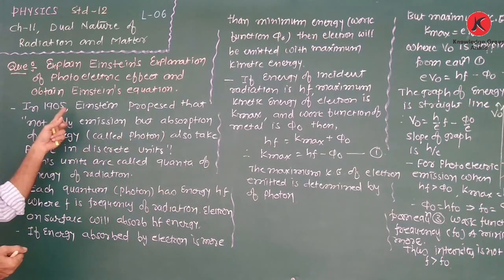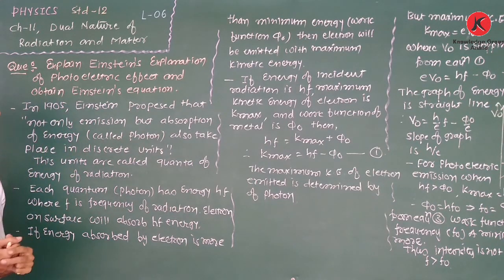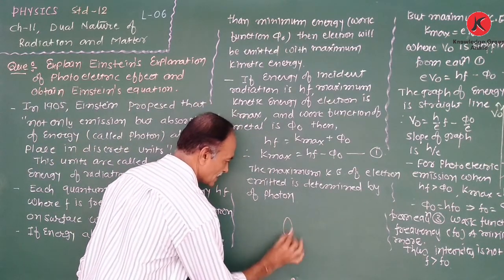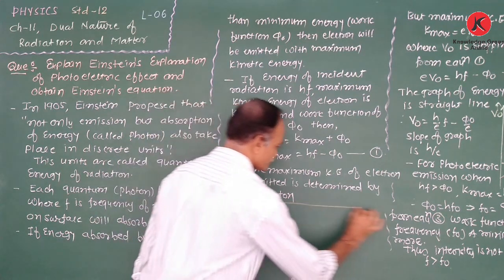In 1905, Einstein proposed that not only the emission but also the absorption of energy, which is known as the photon, takes place in discrete units. So in photoelectric emission, there is a photosensitive surface.